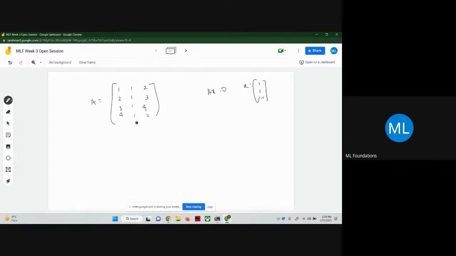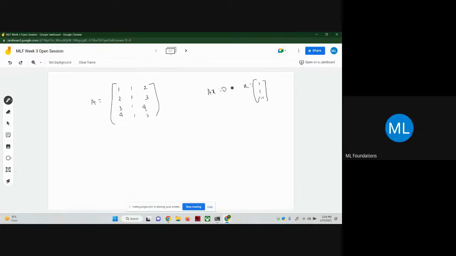Sir, this 1, 1, -1, we will get after doing Gauss elimination like that only, no, sir? Yeah, like that also you will get it. Okay. Without Gauss elimination, by seeing it, how do you find this, sir? You will not be able to find it just by seeing. But in this particular problem it's easy because column 1 plus column 2 equals column 3.